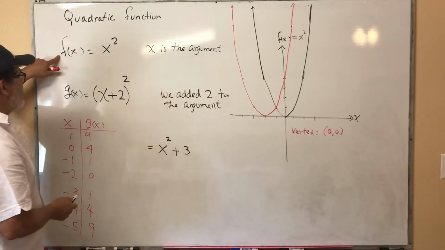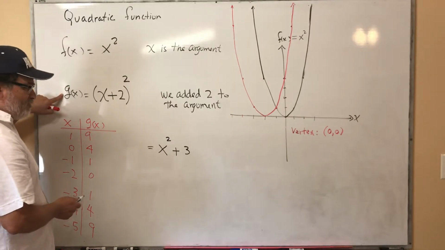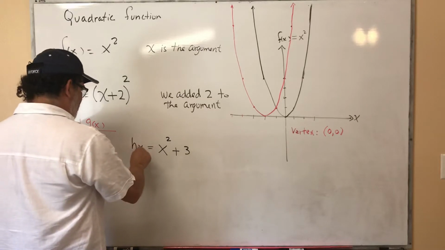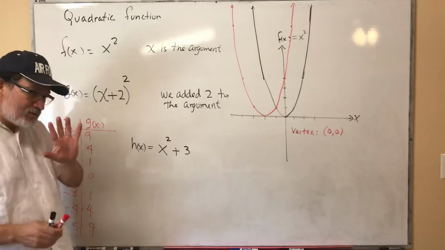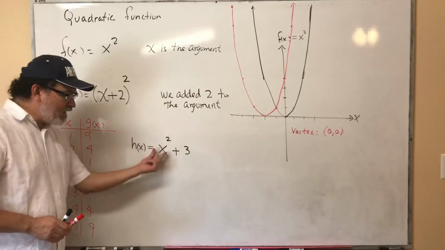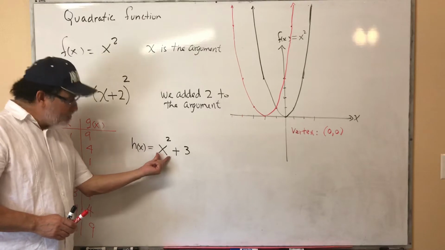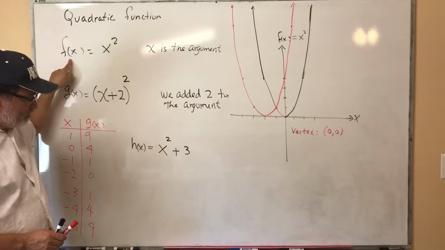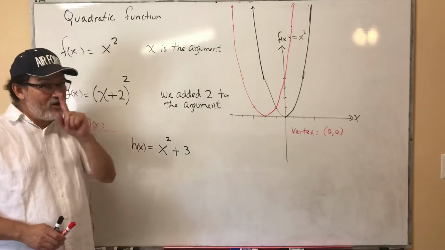Here I have f of x, the basic one, g of x, which is a horizontal shift, and let me call this h of x. Watch this. You see this x squared? This is f of x. So here I'm adding 3 to the function, not the argument.